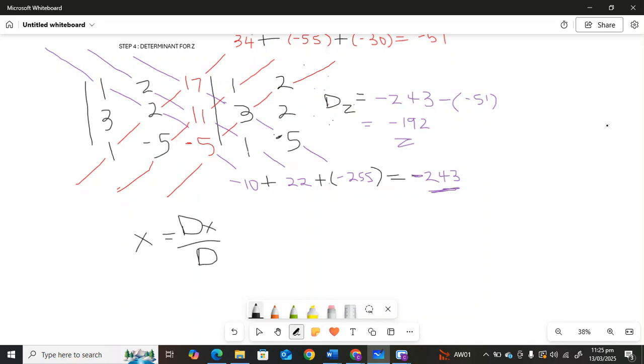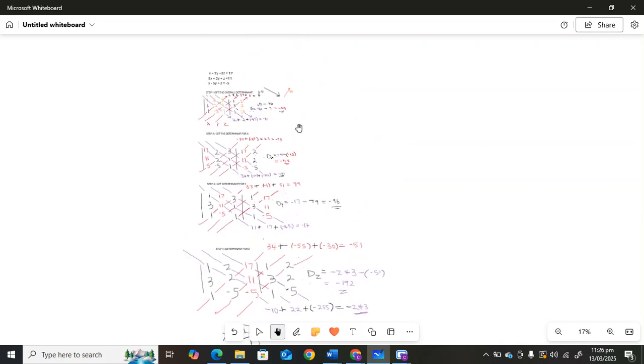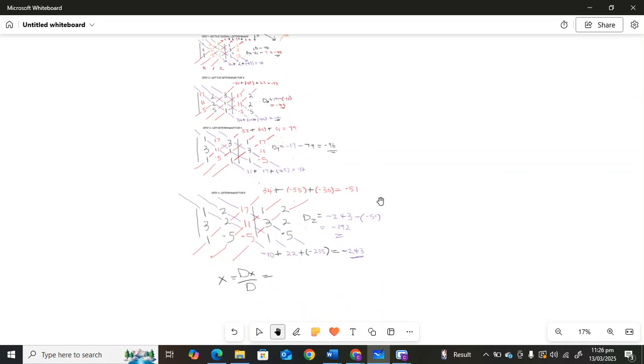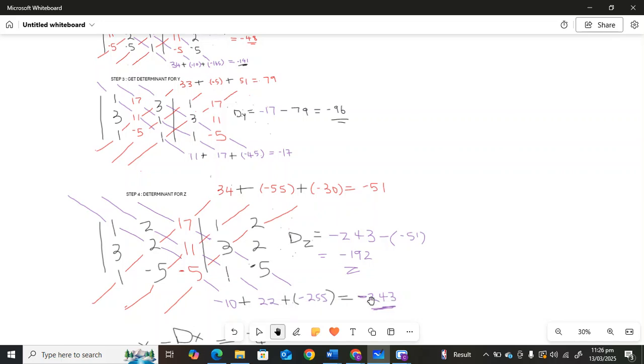That first determinant we got. So the first one we got our d was negative 48, and dx is negative 48. So negative 48 divided by negative 48, we get positive 1.